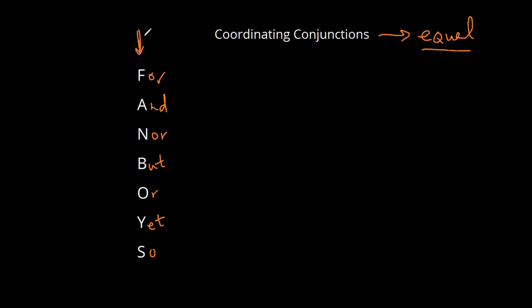The way I like to think about them is to put together and but. These are the most common, and they create a kind of contrast. So and ties together two things that are similar, there's continuity, whereas but focuses more on difference and going in a new direction. Then we have for, or, nor, and these rhyme.